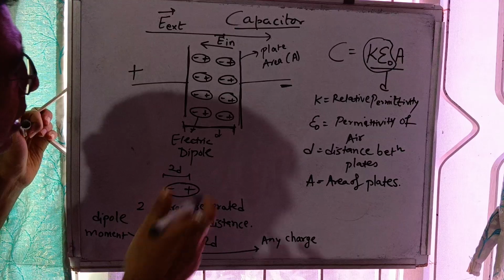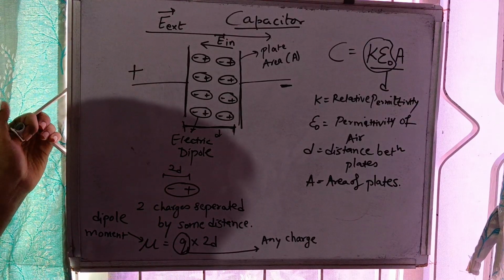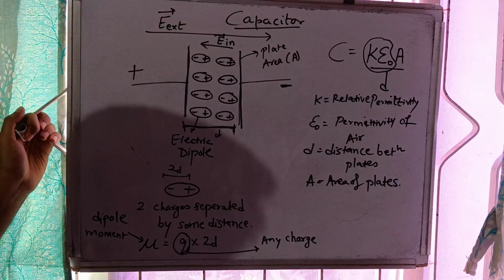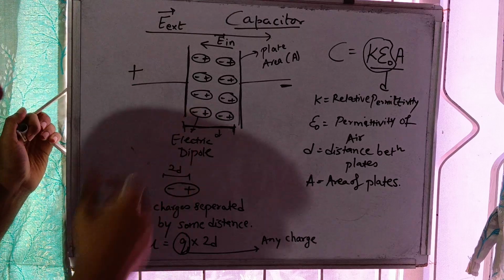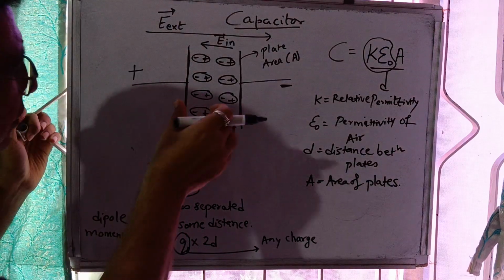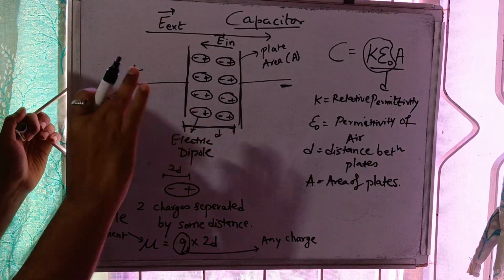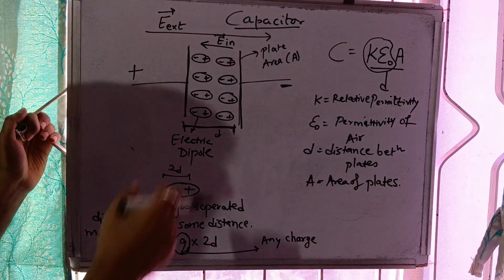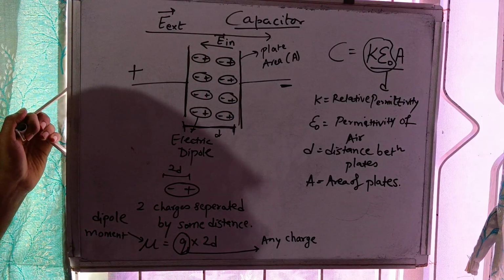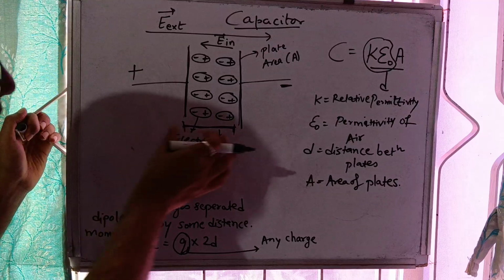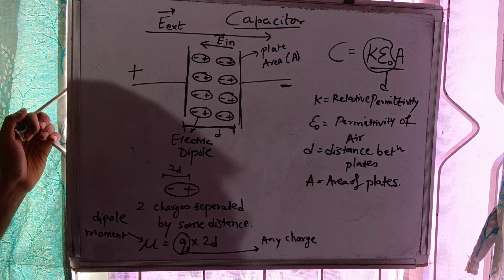Now the permittivity of the material is very important in deciding the value of the capacitance, because the material which is being used inside these two plates determines the value of capacitance. Let's say if it's air only, then the capacitance value will be different, even if we have a fixed distance and the same area of the plates.